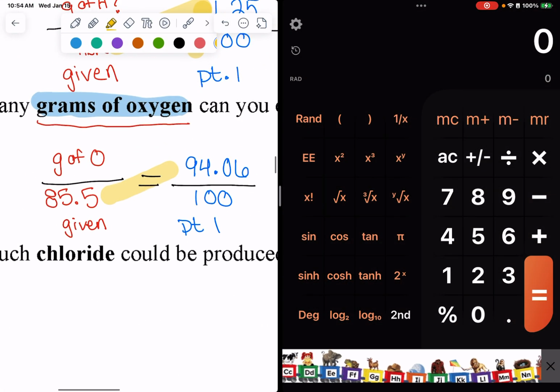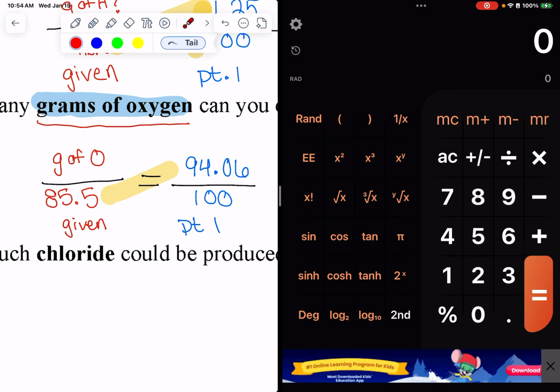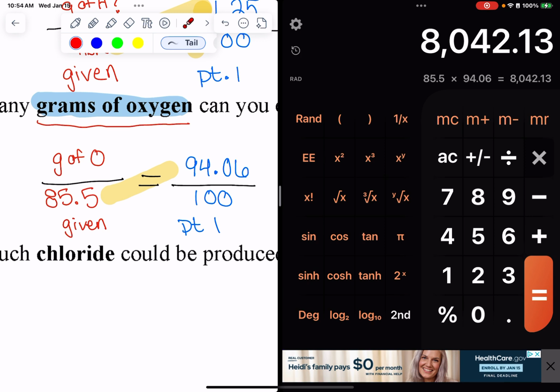So we were here, we are trying to cross multiply 85.5 times 94.06. Now we need to go ahead and divide by 100.